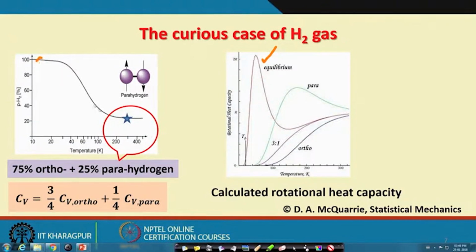But actually what we find is that the experimental data is very nicely reproduced by this 3:1 mixture, which we expected to survive only at very high temperature in equilibrium.